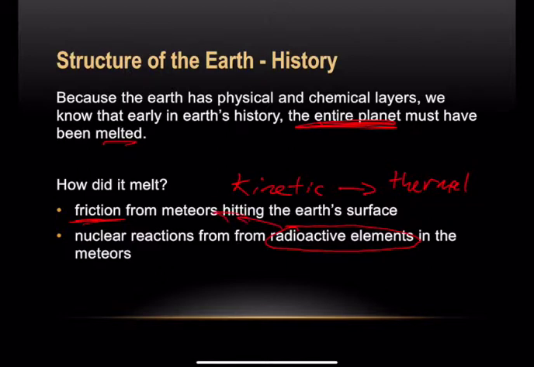And when they become part of the planet, they're going to go through their radioactive processes, degrading and releasing much more energy. So the radioactive elements are increasing the temperature, and this kinetic energy turning into thermal energy is obviously increasing temperature.